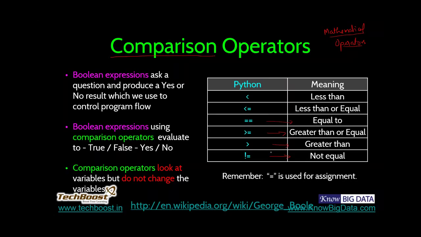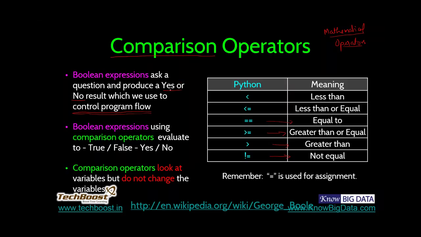We will see an example which will help us understand these comparison operators better. We should treat these as Boolean expressions, asking us a question and producing a yes or no. We just saw in the previous slide that any condition evaluates to either yes or no, which will be used for controlling your program flow, and that is how your steps are either executed or not.